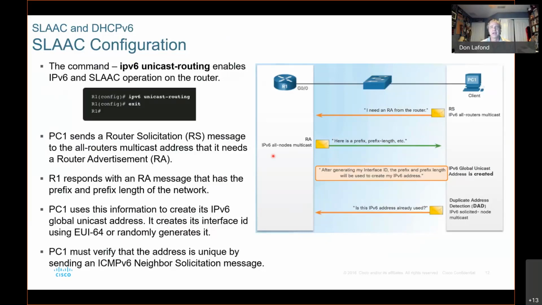It sends a multicast message to all addresses saying, hey world, this is my address. It sends its own address out to the world and asks, am I out there? If somebody responds, then it creates another address. If nobody responds, then it knows it has a unique address.